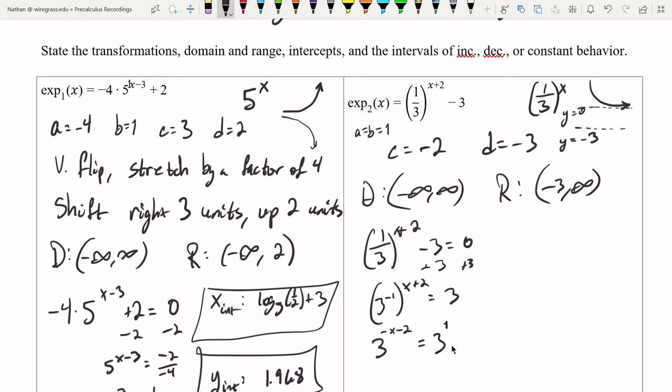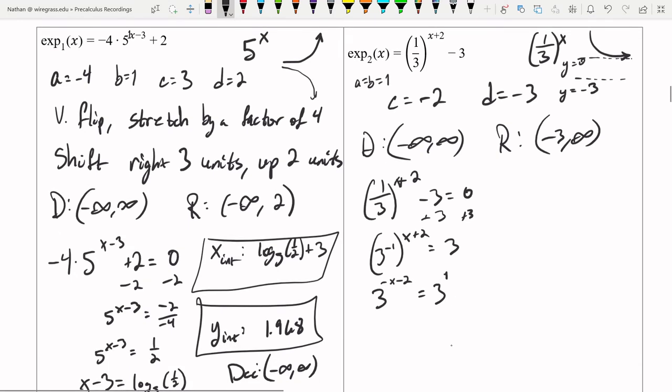This is the same thing as 3 to the 1 power. And now you can see I have the same base on both sides. That means the powers must be equal. Add 2 and then divide by negative 1. That's going to give us x equals negative 3. So the x-intercept is at negative 3.